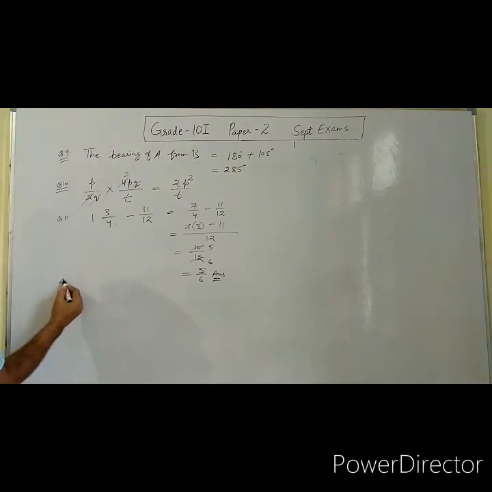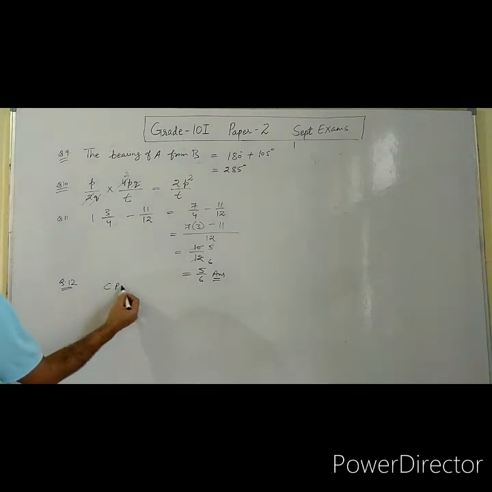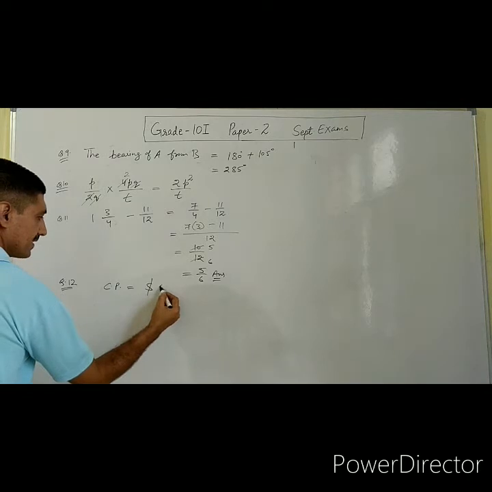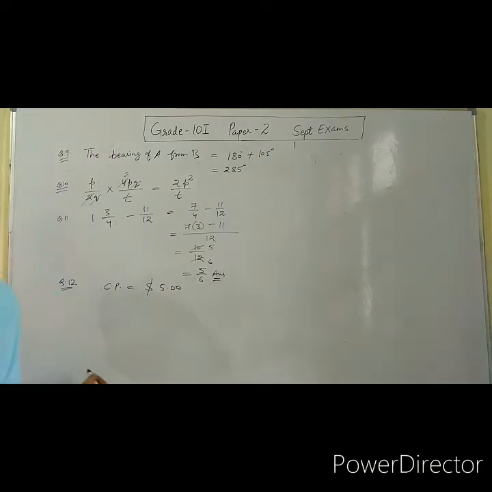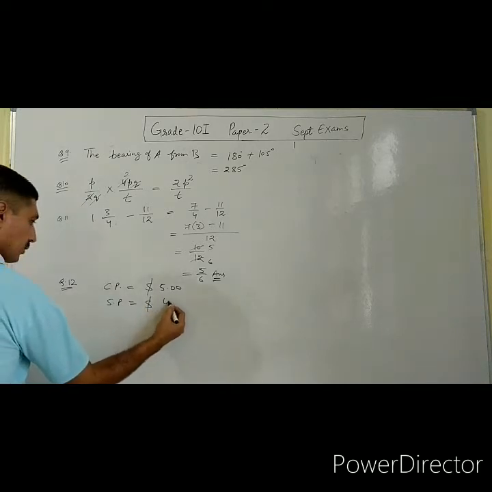Now next, question number 12. Question number 12 is related to percentage. So here we are given the cost price, that is $5, and the selling price, that is $4.60.